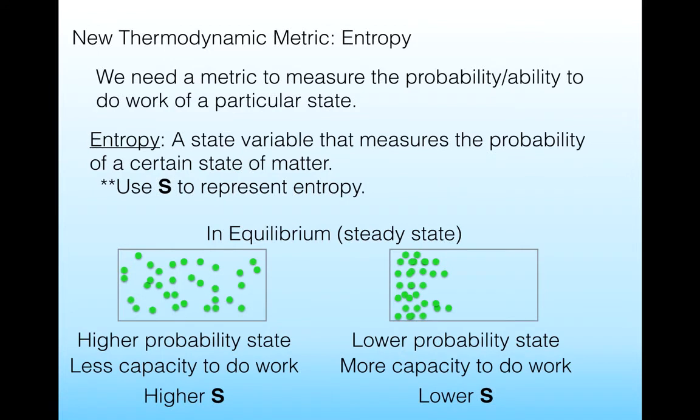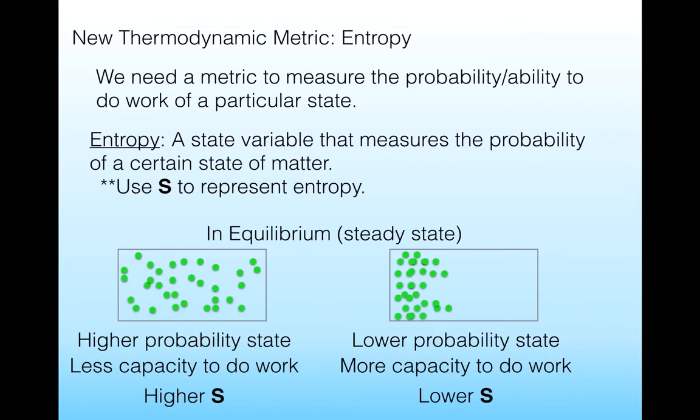So in order to get these ideas together, we need a new thing to measure, what we call a metric. And we're going to invent a new metric, and we're going to call it entropy. Now, obviously, we're not the first ones to invent this, and I'm trying to actually teach this to you, but this idea of entropy is a measurement of the probability of the states.